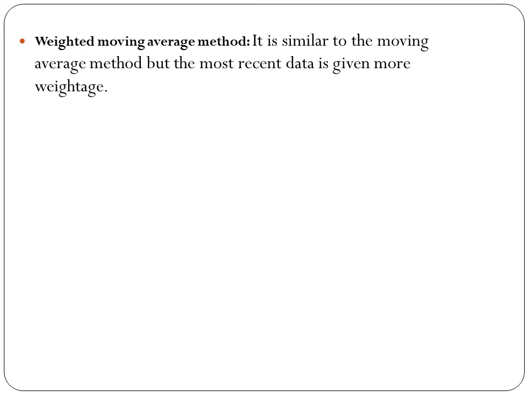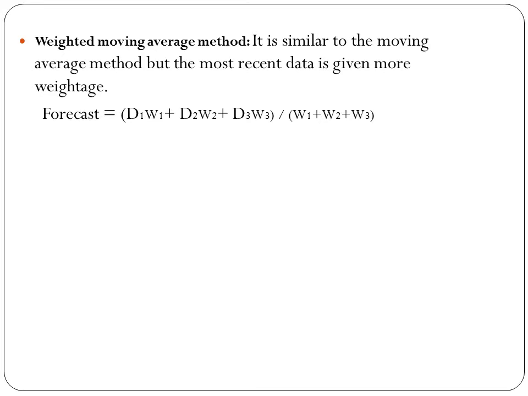It is similar to the moving average method, but here the most recent actual demand, that is the demand of the previous month, is given more weightage. Now the formula for this is: forecast for the next month is D1 W1 plus D2 W2 plus D3 W3, divided by W1 plus W2 plus W3.